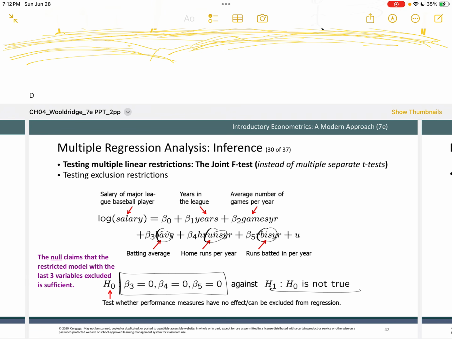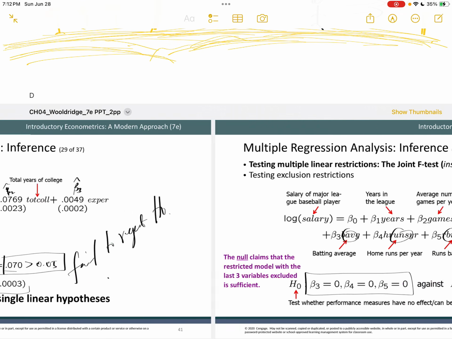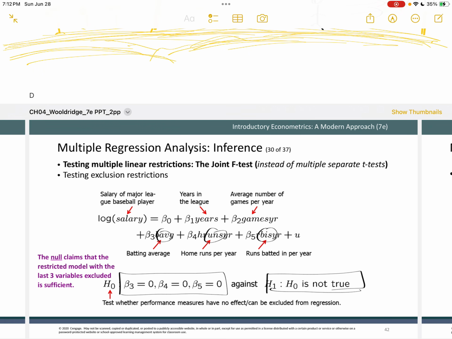That's the joint test. We test that how? Well, we first estimate an unrestricted model. That's what the alternative hypothesis is saying. The alternative hypothesis is saying that an unrestricted model will do the job, that an unrestricted model is useful, right?